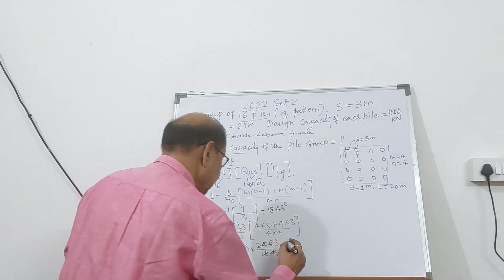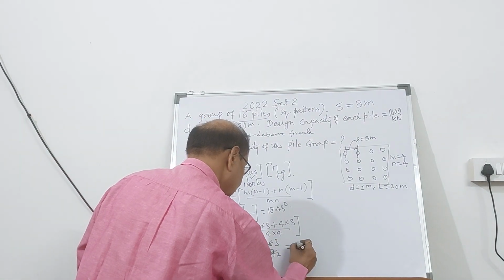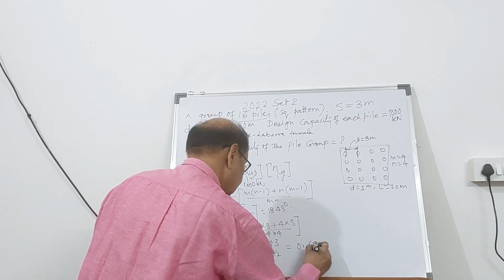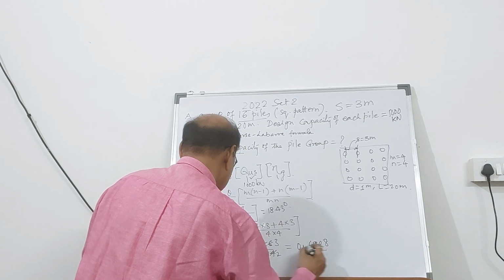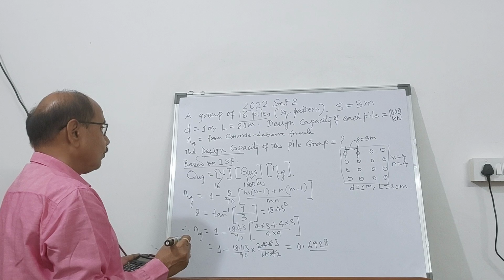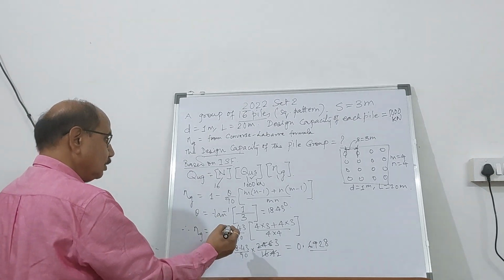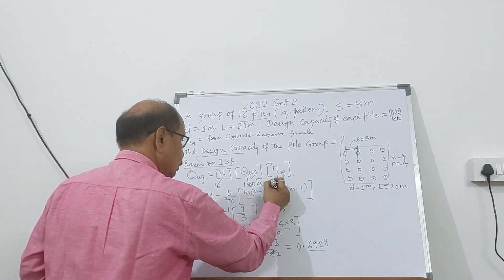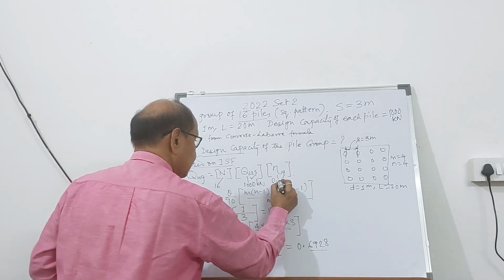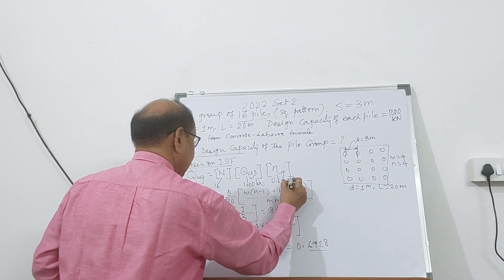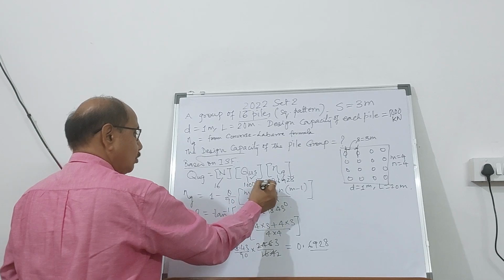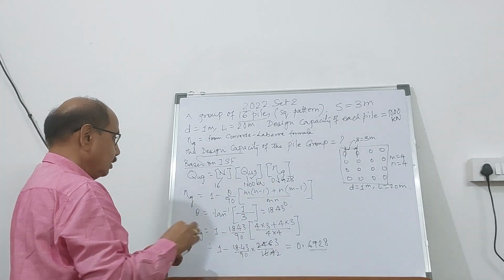So this is going to be equal to 0.6928. This is the group efficiency factor. So this I know now, 0.6928. So 16 into 1000, 16,000.